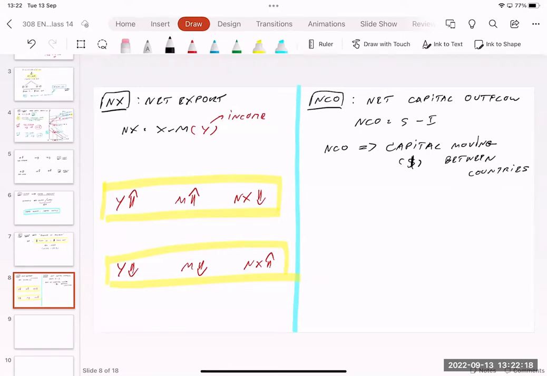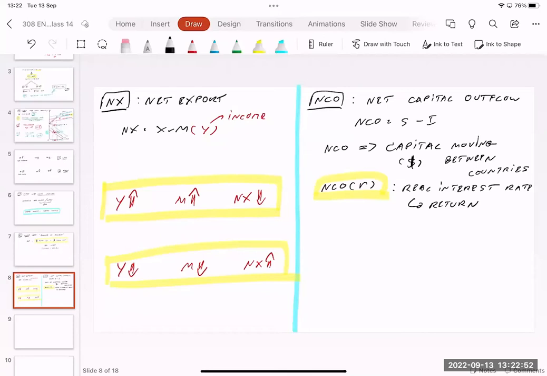If we focus on NCO as the capital that moves between countries, NCO is going to be high or low depending on the real interest rate. Normally, when capital moves from one country to another, they focus on the real interest rate as the return on their capital.